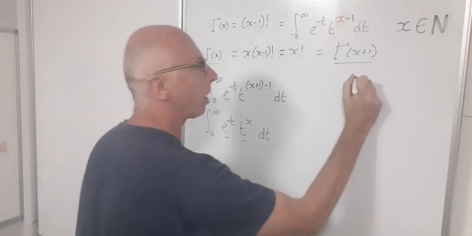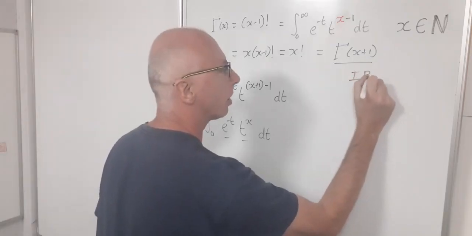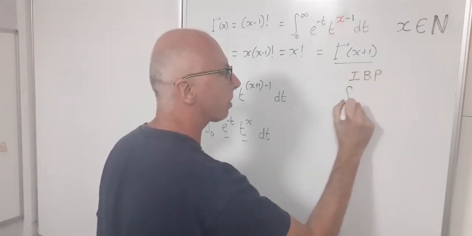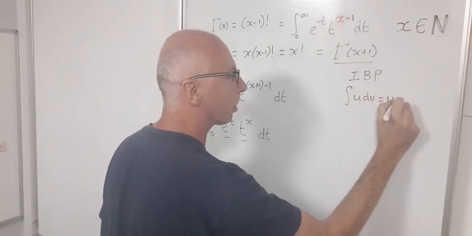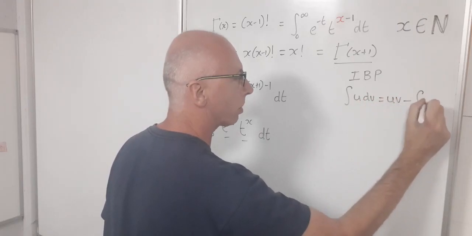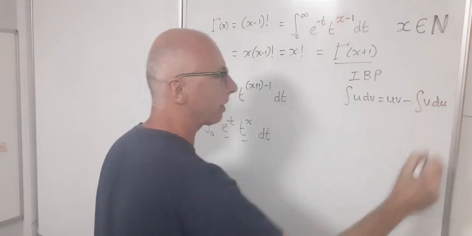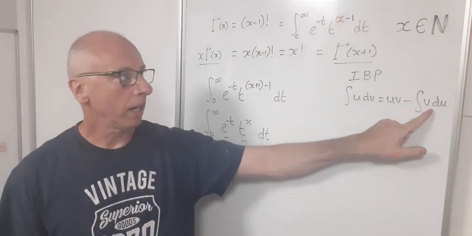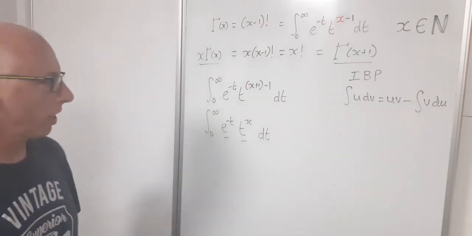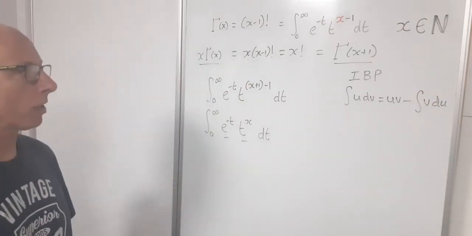So integration by parts. My formula for that is the integral of u dv. That equals uv minus the integral of v and du. So uv is part of my answer, and v and du then forms another integral.